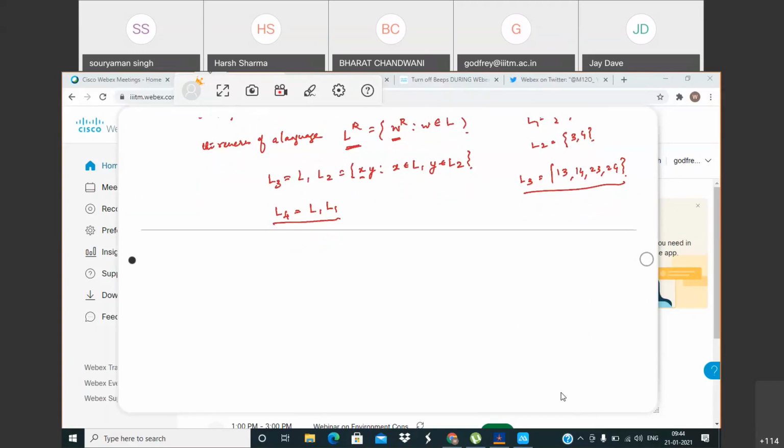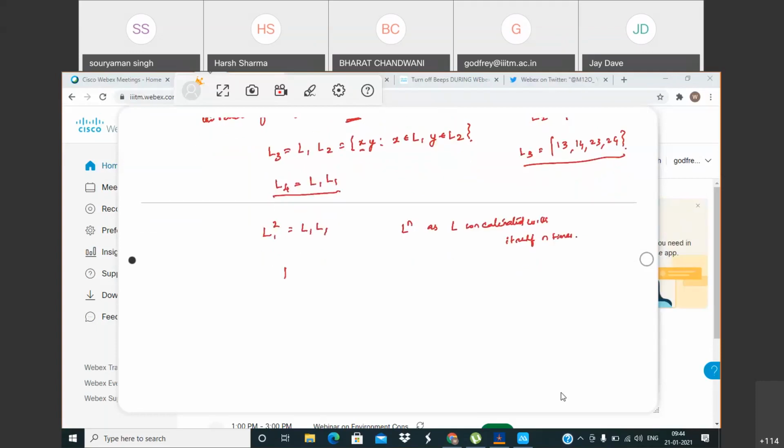We can write in that case the concatenation as L power 2, which is L1 L1. So we can define L power n as L concatenated with itself n times.